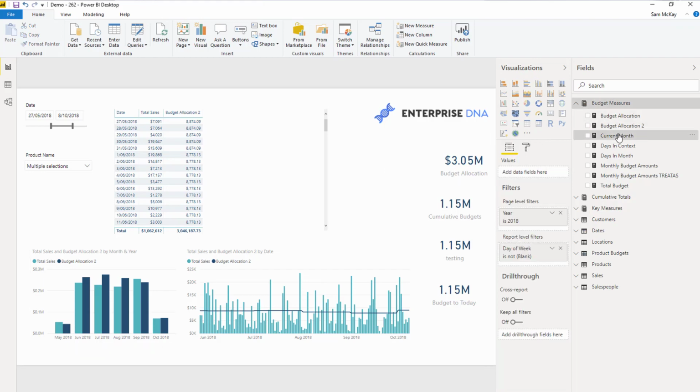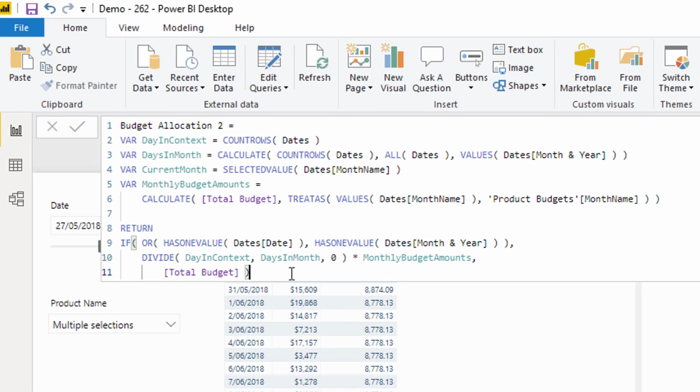Now, this is what the formula looks like. Take a good look at this and think about what it is actually doing. What I want to show you first is this part of the formula. Say we have a monthly amount. If we multiply that by 1 divided by 30, that's sort of like an allocation algorithm. 1 divided by 30 or 31 or 29, whatever the days in the month are.